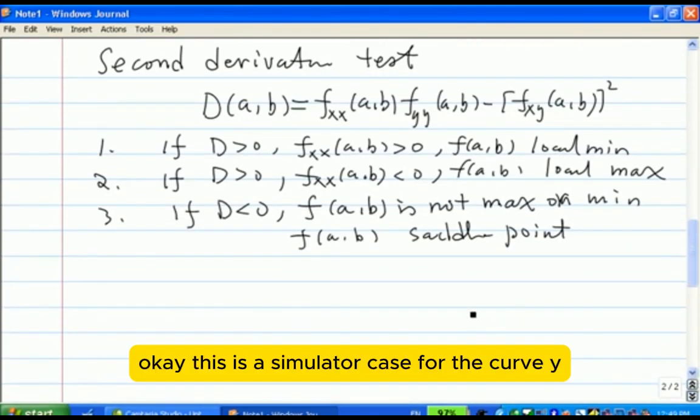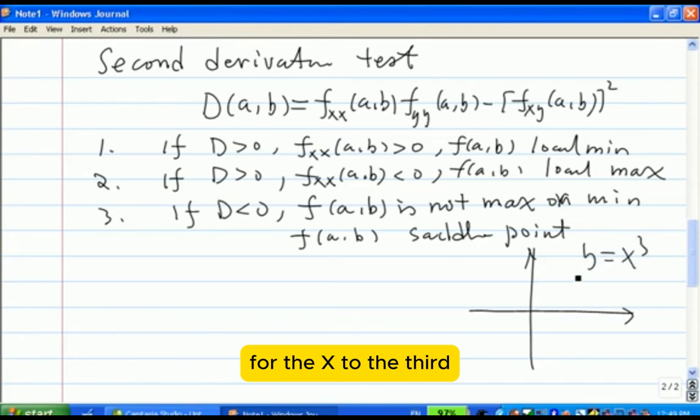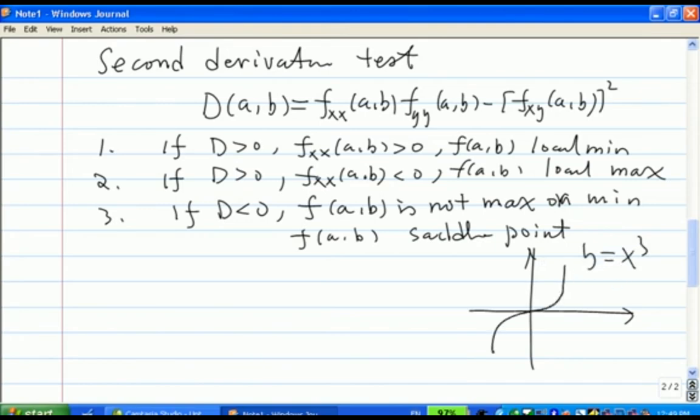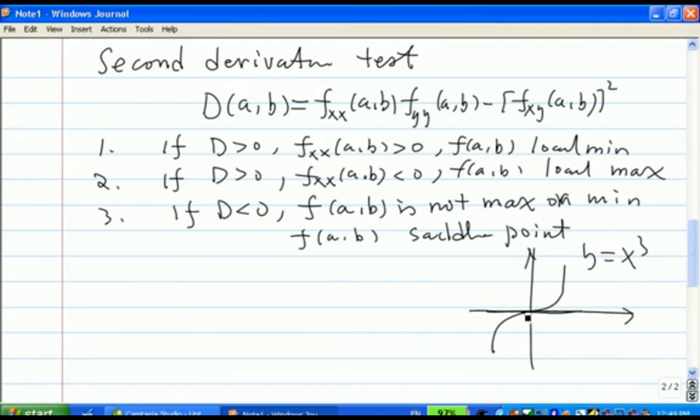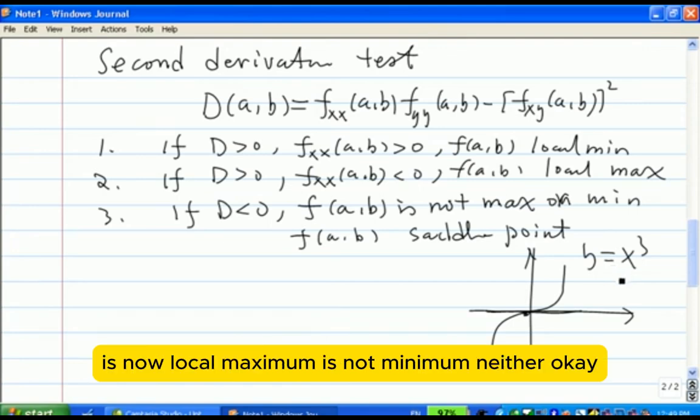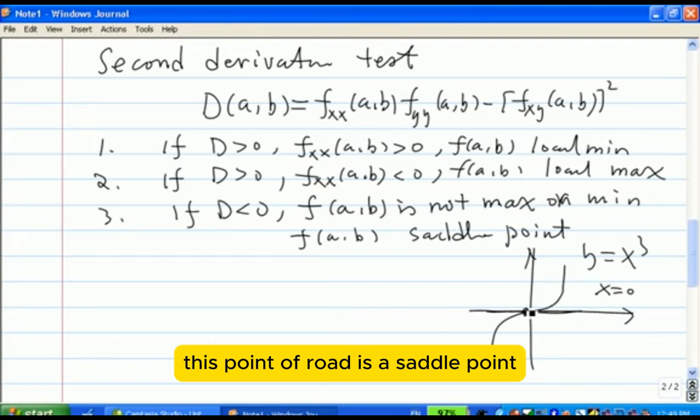Okay, this is similar to the case for the curve y equals x to the third. At 0, you get a 0 slope, but at 0, your function is not a local maximum, and it is not a minimum either. This point is really the saddle point for the one-dimensional case.